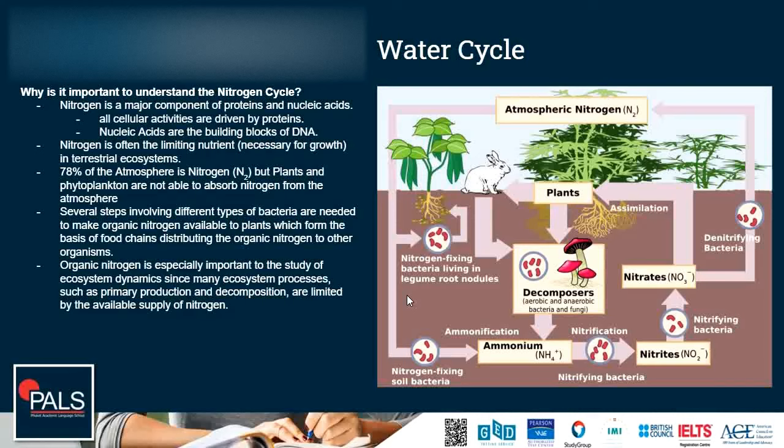Legumes are grown there, they're just left to grow and are then cut down and mixed with the soil, so that nitrogen this way is added to the soil again. This is the nitrogen cycle. We can see the nitrogen cycle is especially important related to plant growth.